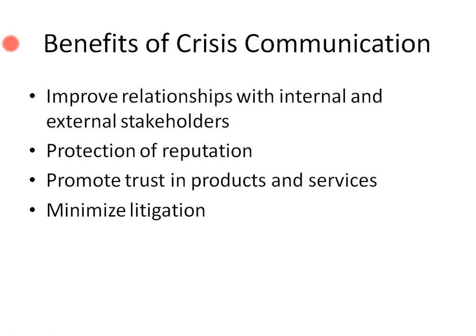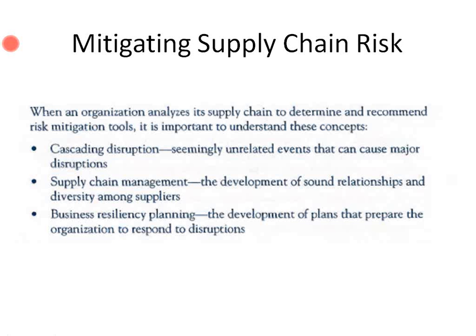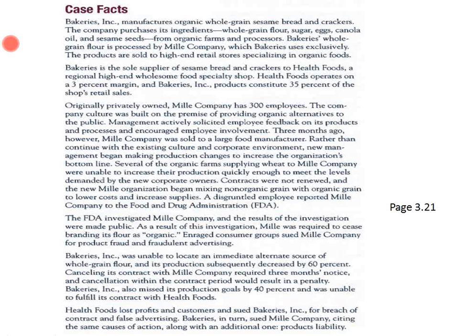If someone slips and falls and you treat them with respect, they're less likely to get an attorney. They feel you're going to work with them, and that's what you want to have. We also look at the supply chain, mitigating cascading supply chain disruptions. Supply chain management and a business resiliency plan are some of the concepts you want to keep in mind.